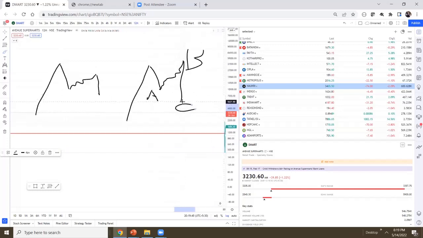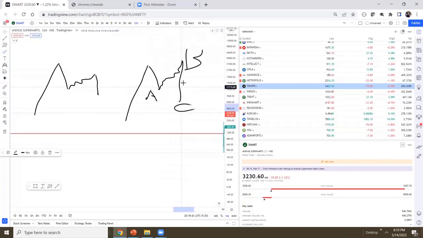So just remember these structures, and we will see examples. And the third one is the running flat. The first part is common in that also, and this correction will go above this point, but when it is falling, it will not break this point.